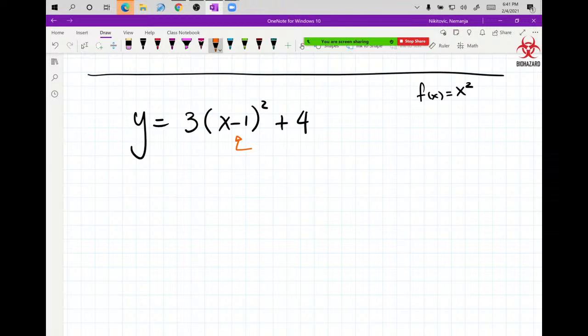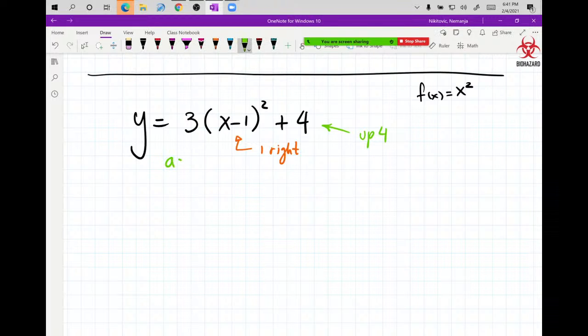It goes right one. Awesome. And what's this 4? It moves up four. Now this 3 is going to do that vertical stretch, or you can also call it horizontal shrink. Whatever.